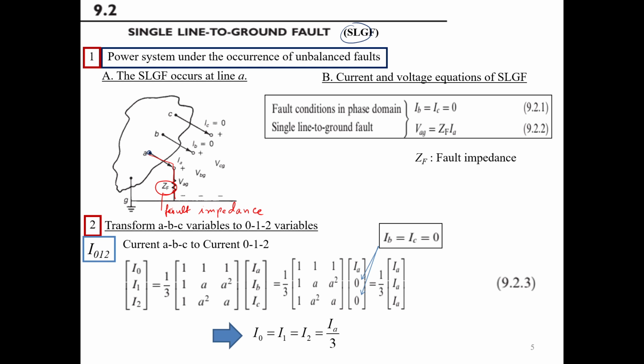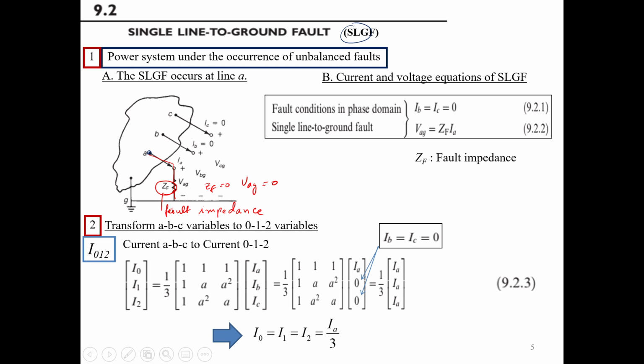Having this picture, you see that since it is short circuit to the ground, if I don't have any CF, meaning that if I short directly to the ground, the voltage drop across this point A, VAG, if CF is zero, my VAG is zero because it's shorted directly to the ground. So there is no voltage drop across the fault impedance.